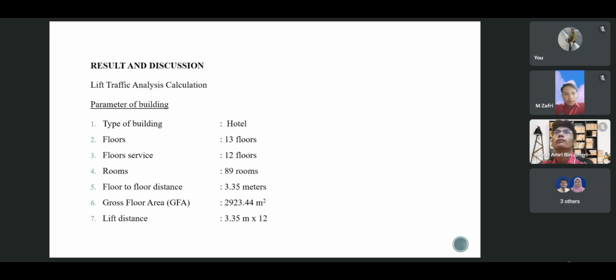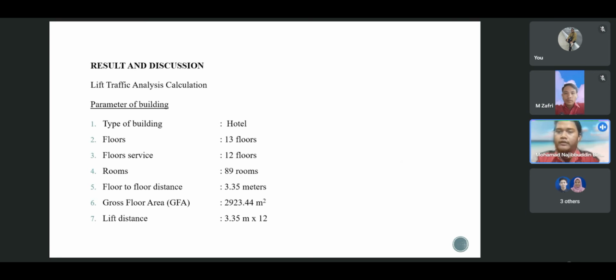Assalamualaikum warahmatullahi wabarakatuh. I will discuss the results and discussion. So the first one, we must set the parameters of the building. Type of the building is hotel, with 13 floors. Floors served by the lift, only 12 floors.